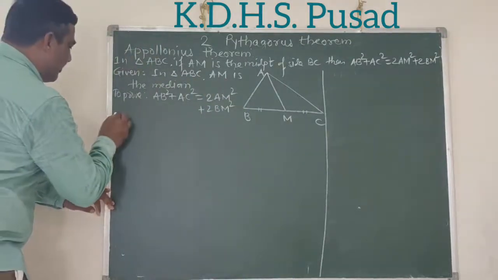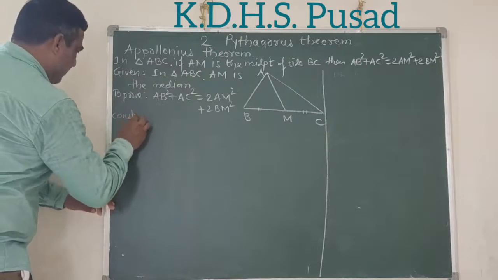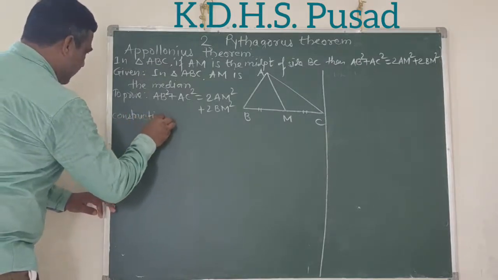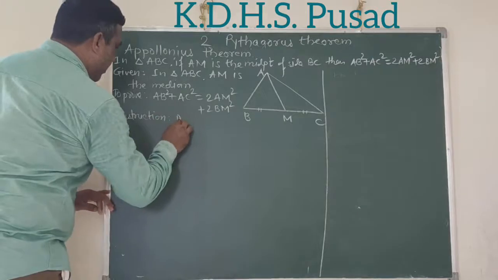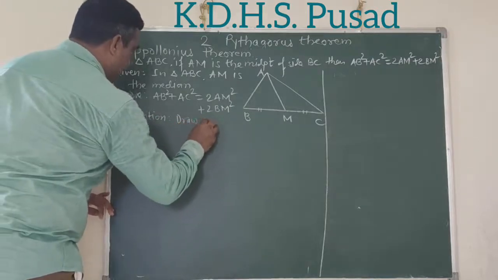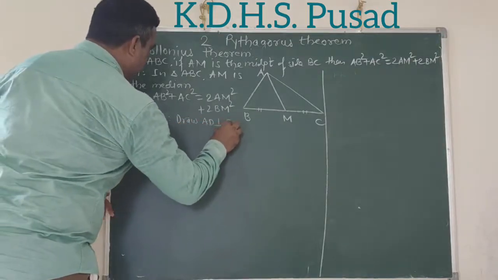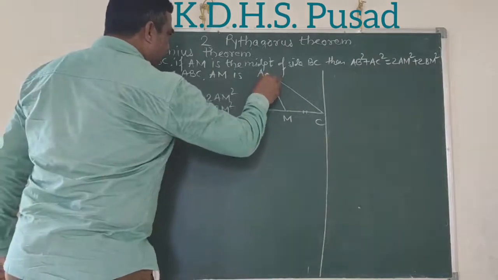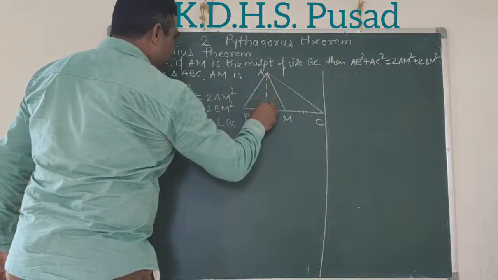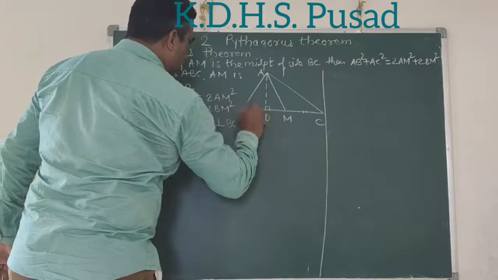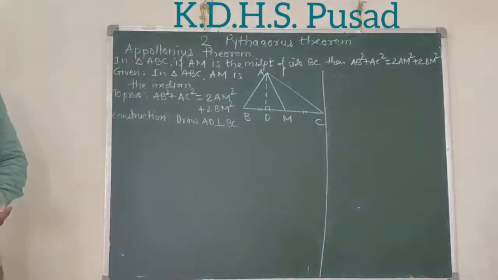Now here we have to perform a construction. Draw AD perpendicular on BC.